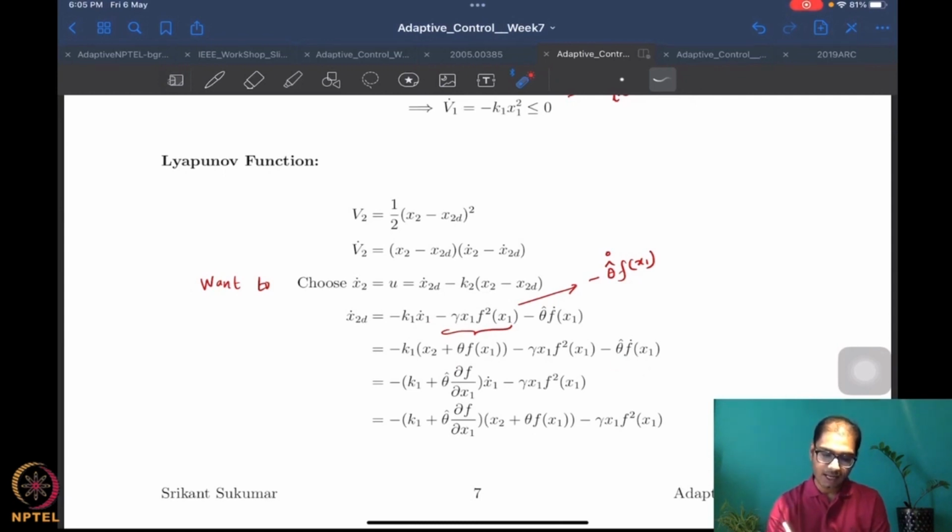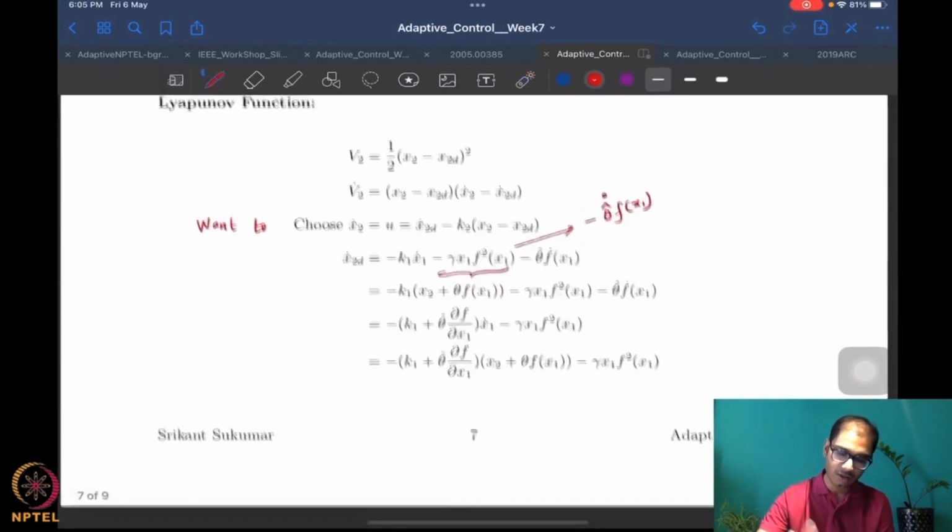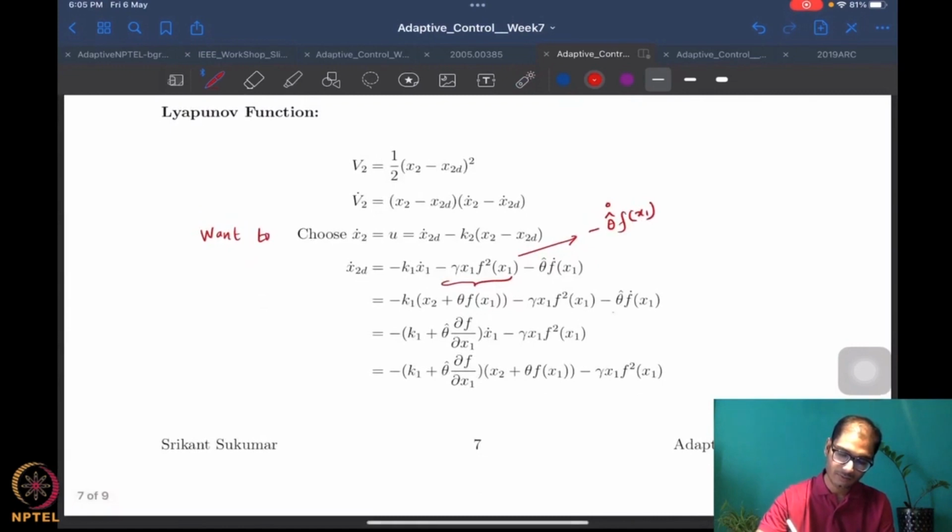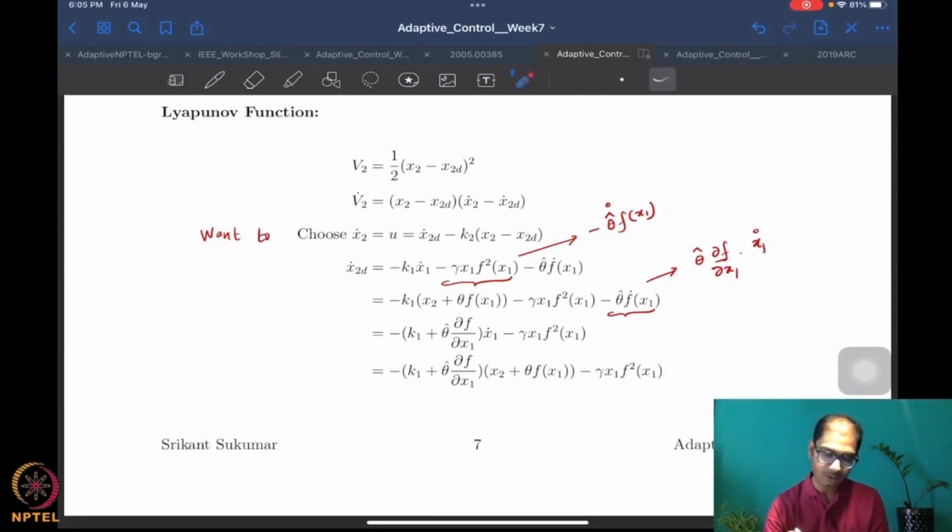But notice that theta hat f dot(x1) is also theta hat partial f with respect to x1 times x1 dot. So not just an x1 dot here, but also an x1 dot from here. Okay, so that's what is written here.